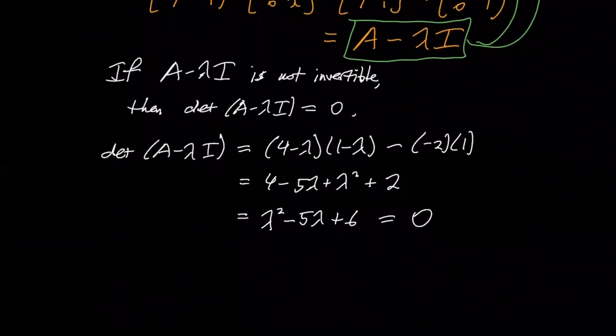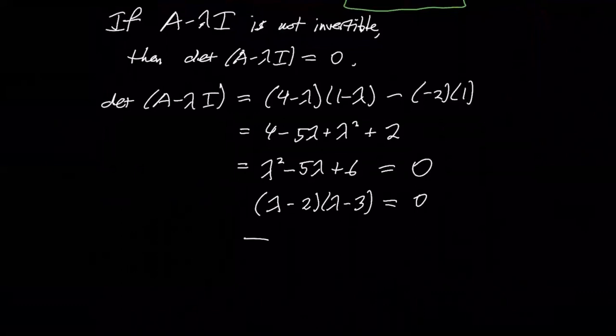But let's go back to this example. This quadratic factors: lambda minus 2 times lambda minus 3 equals 0, which implies lambda equals 2 or lambda equals 3.